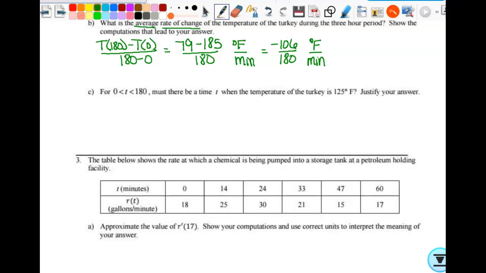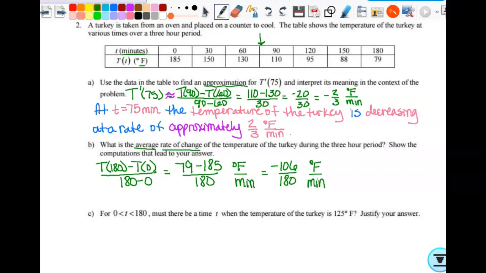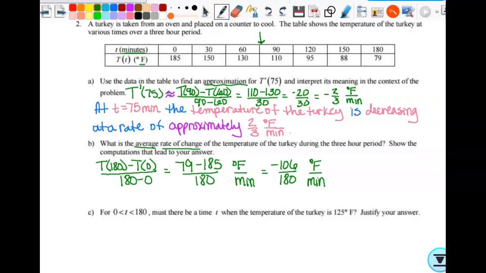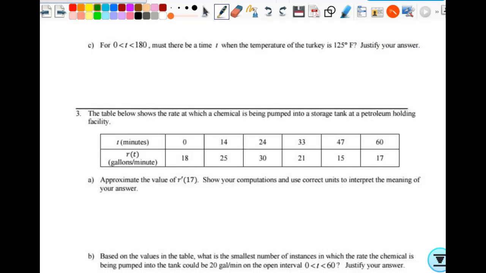All right, so there must be a time t when the temperature of the turkey is 125 degrees. What do you think? Yes, and it would fall like right here-ish, between those two. So the answer is yes. Did I do it wrong again?